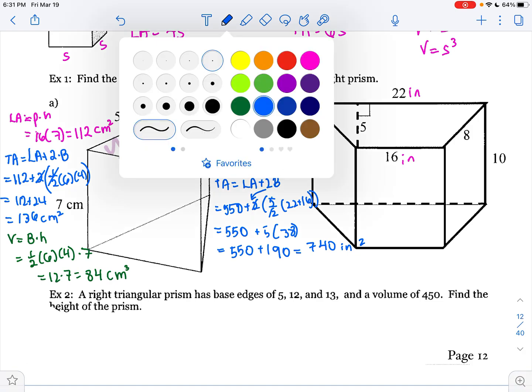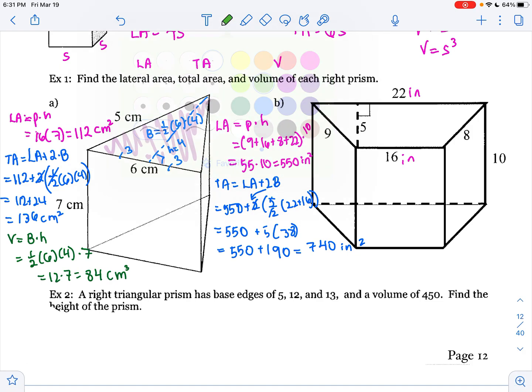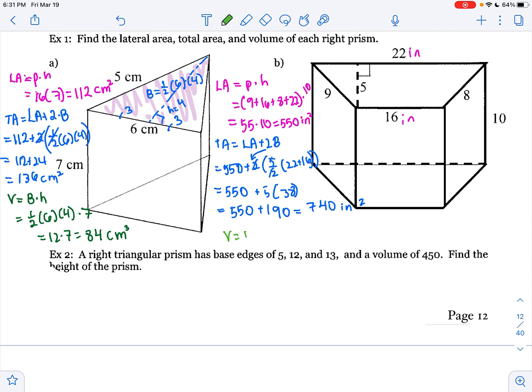And then finally, our calculation for volume in this problem is going to lead us back to our calculation for the base, and then times the height. Since our base was the trapezoid, I'm going to focus in on the area of the trapezoid, which is here, highlighted. It's equal to 5 over 2 times 38, 22 plus 16.